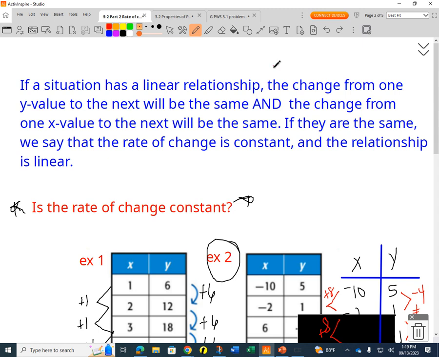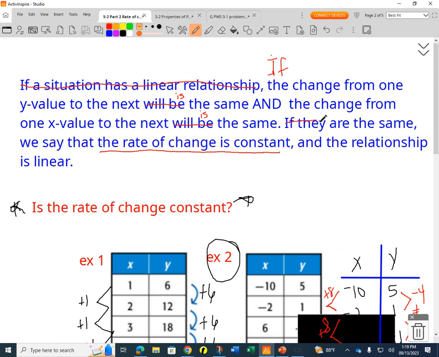If the change from one y value to the next is the same, and the change from one x value to the next is the same, the rate of change is constant.